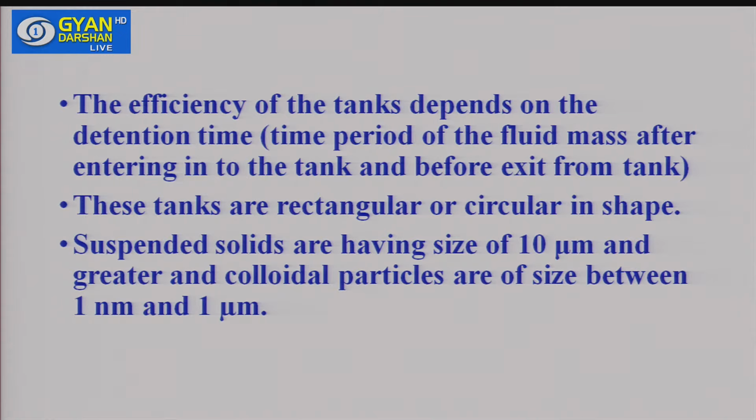Colloidal particles are finer than the suspended particles. So we have to remove those inorganic solid particles which can settle in the tank when we reduce the horizontal velocity, or velocity of flow, of the water.